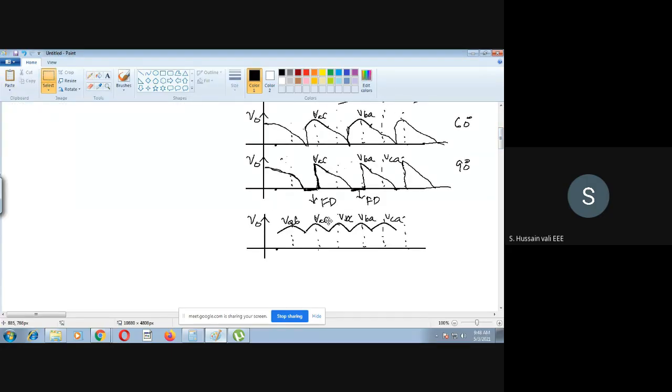120 degrees also. In 120 degrees, the delay will be more and more. So the observation in 120 degrees is that for alpha equal to 120 degrees, it will enter into discontinuous conduction. When it enters into discontinuous conduction, I'll show you here.